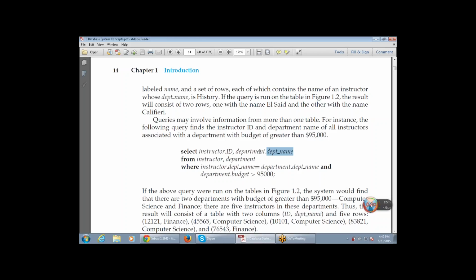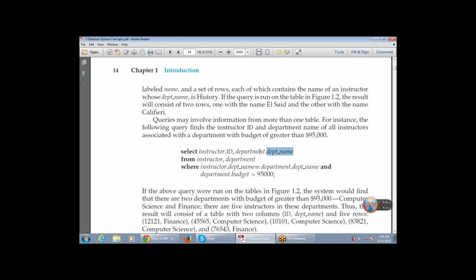So we are using both tables, so give the names of both tables, that is the instructor and the department. Now check the condition. What is the condition? Where instructor.dept_name equals department.dept_name, and department.budget is greater than 95,000.